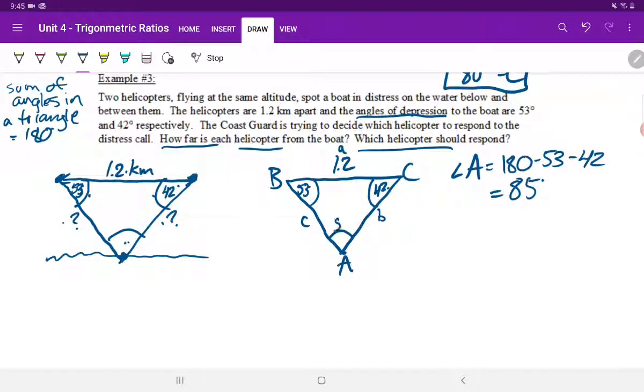Okay, so here we have 85 degrees. Now we have a sine law situation because we are given an angle and an opposite side. We can now find lowercase b and lowercase c in two separate calculations. Since we're finding side lengths, let's put the side lengths in the numerator, and let's find side length b first.